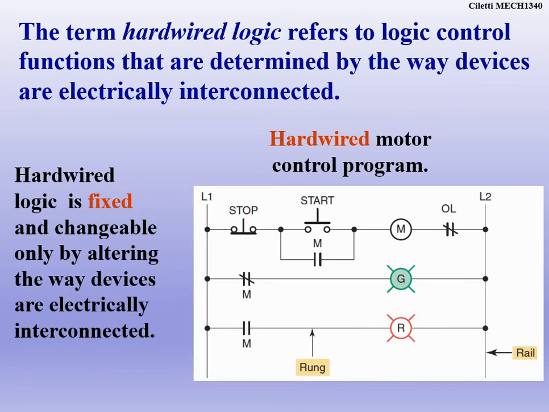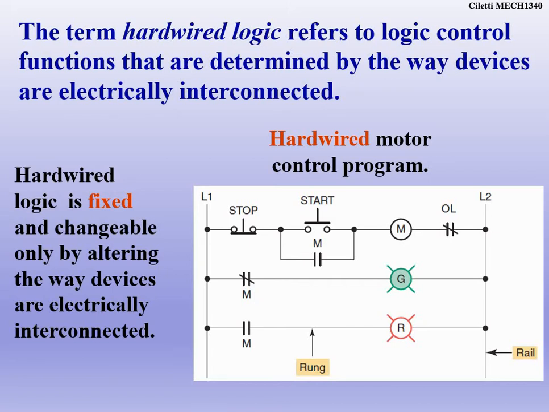All right, so if we talk about hardwired versus programmed. In this scenario here, this is more of our ladder logic. So what's the difference when we have hardwired logic versus programmed logic? When we talk about hardwired logic, that's relay logic.